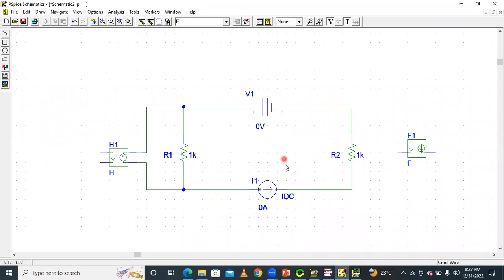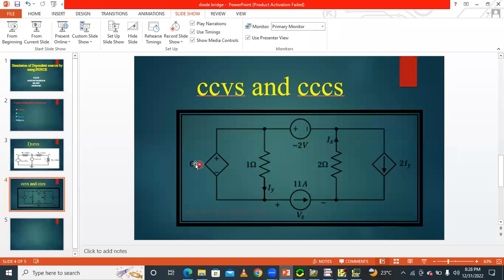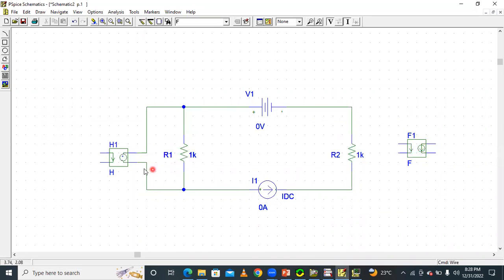Independent sources are connected first and then the dependent sources. So first we connect this dependent source, here 6Ix. This current Ix depends on the value of this resistor. So the voltage source is connected exactly parallel to the 1 ohm resistor.